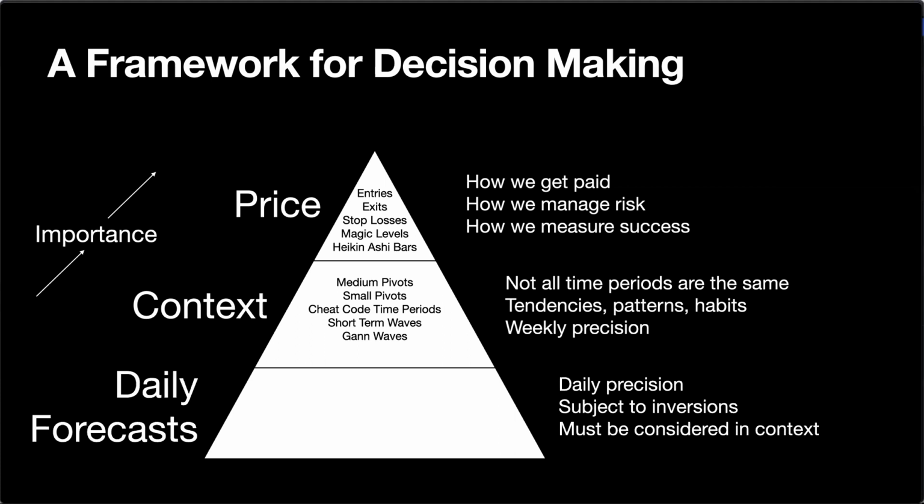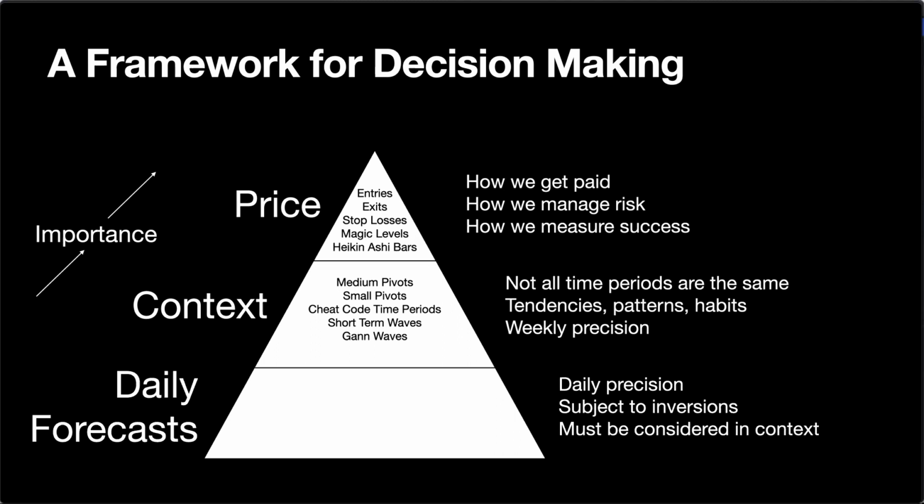And then we come to the daily probabilities. I think this is what people like the most about Time Trades, and they gravitate to it the most because it's got these daily probabilities of a move. So these are daily precision. They're subject to inversions, which means that calls for a pivot high might end up being an actual pivot low.